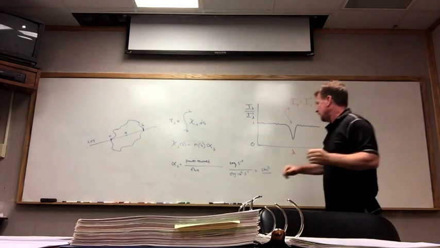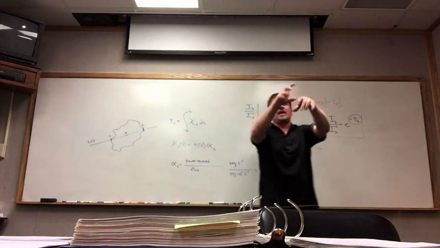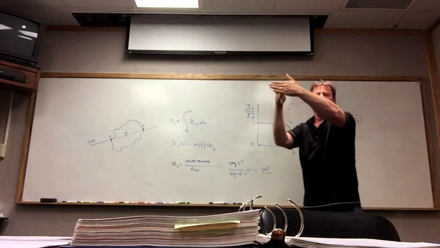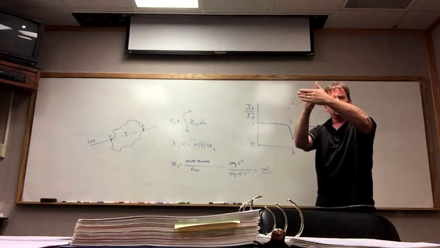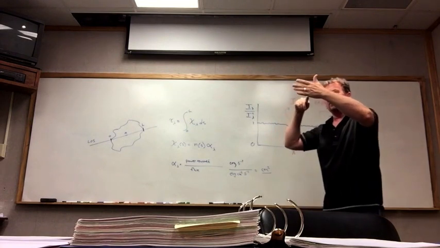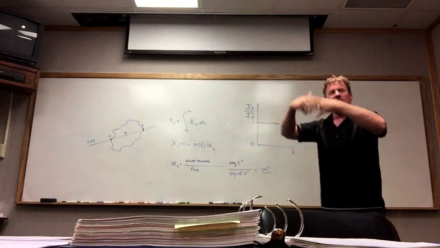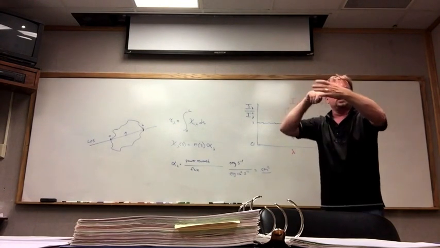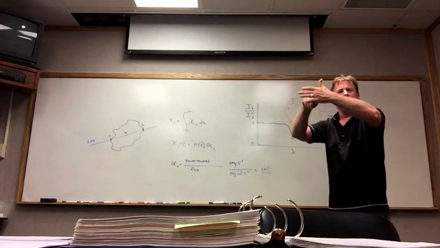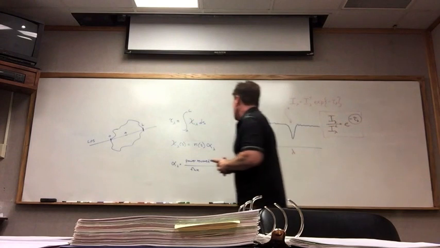You multiply that by the density of the number of atoms in the beam that are doing the absorbing. Does that make sense? For any one atom, there's a cross-section for absorption. To get the total opacity of how much light gets removed, you multiply by the number density of the atoms that are doing that absorbing.